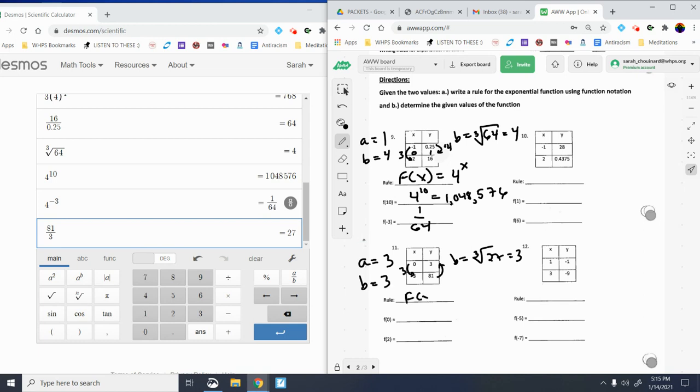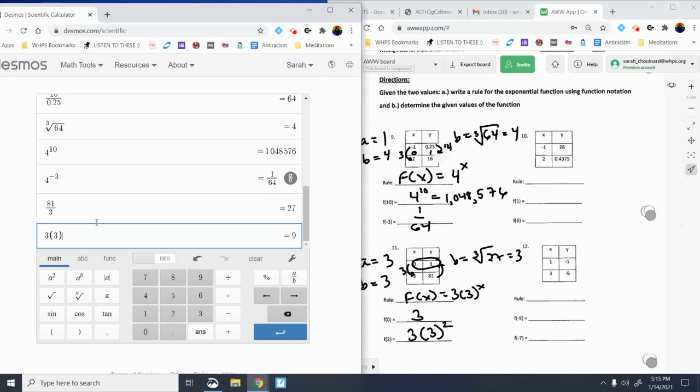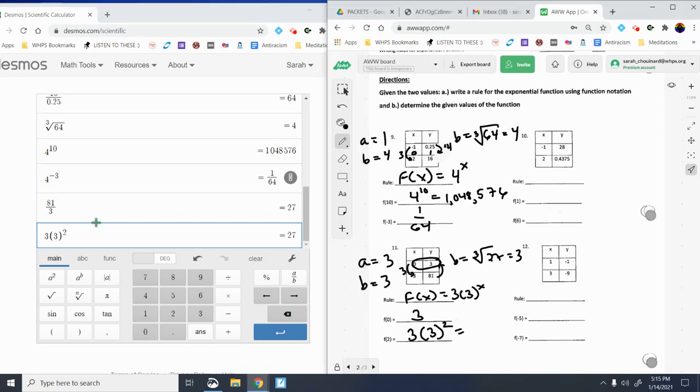So my function is f of x equals 3 times 3 to the x. F of 0, I don't even need to plug it in. I already know it. It's right here in my table. F of 0 is just 3. Then to find f of 2, I do 3 times 3 to the 2nd, which is 27. So once I have the rule, all I do is plug in the value to evaluate it.